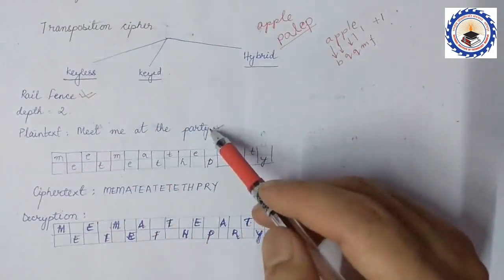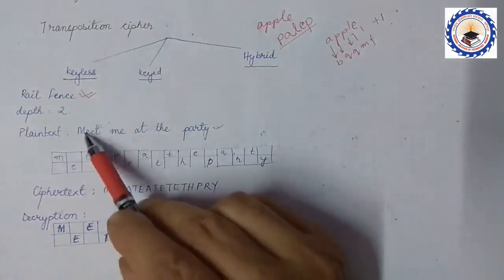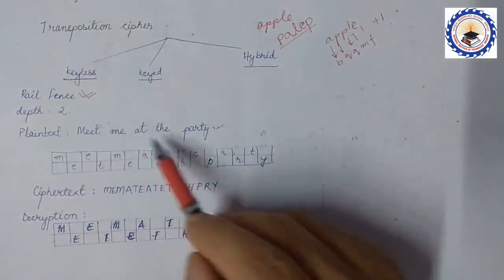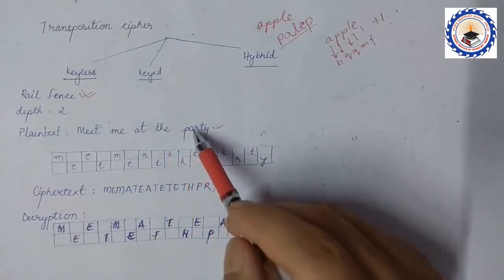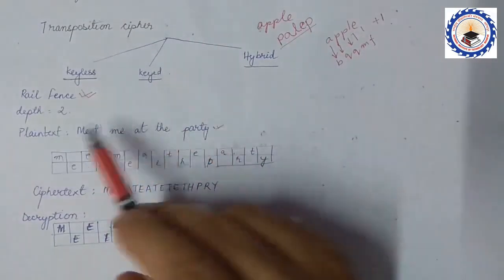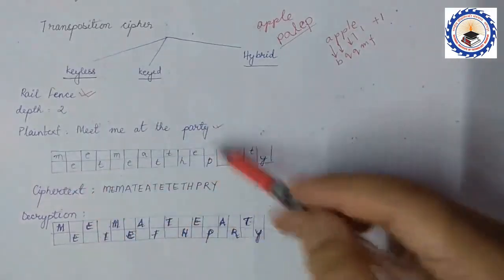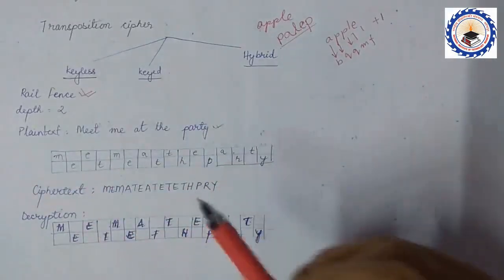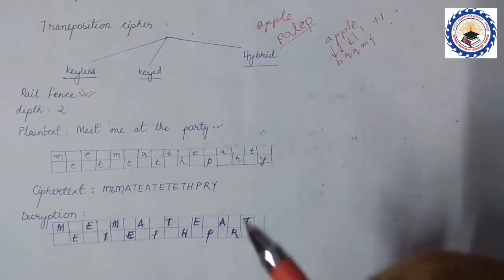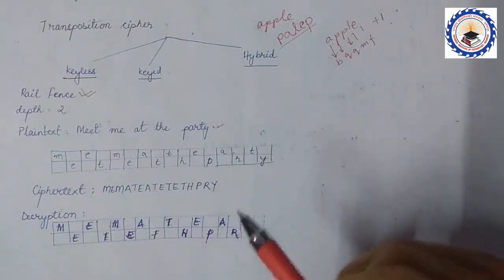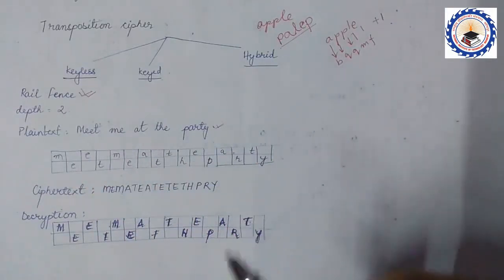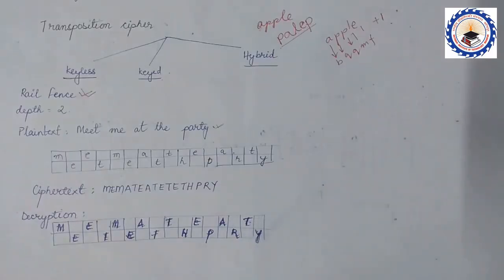Counting the letters in the plain text, there are 16 letters, so the number of columns will be 16. The number of columns is determined by the number of letters in the plain text, and the number of rows is determined by the depth of the cipher.